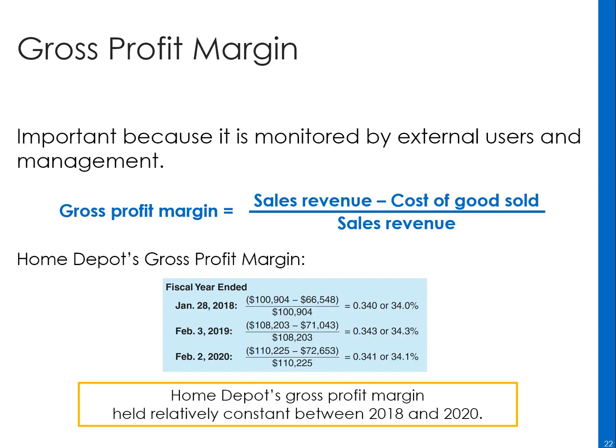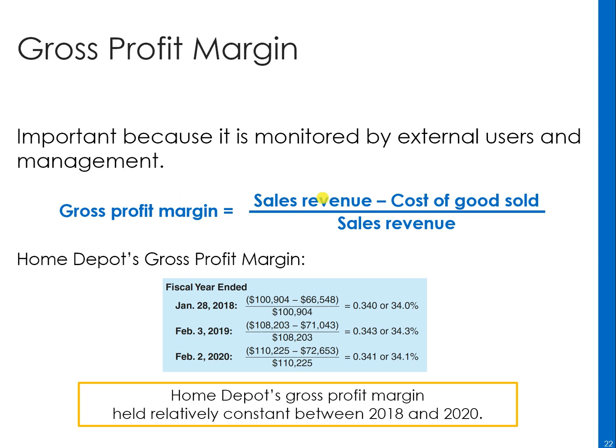So what are the financial analyses associated with inventories? One is the gross profit margin. We have seen that before. Gross profit margin measures the company's profitability. This is the very first measure of profitability.